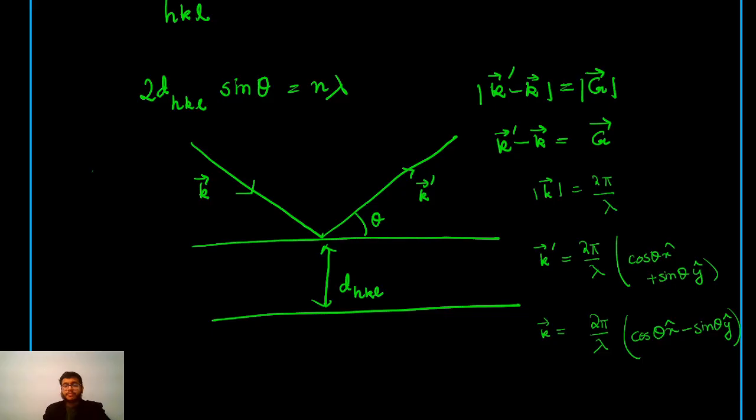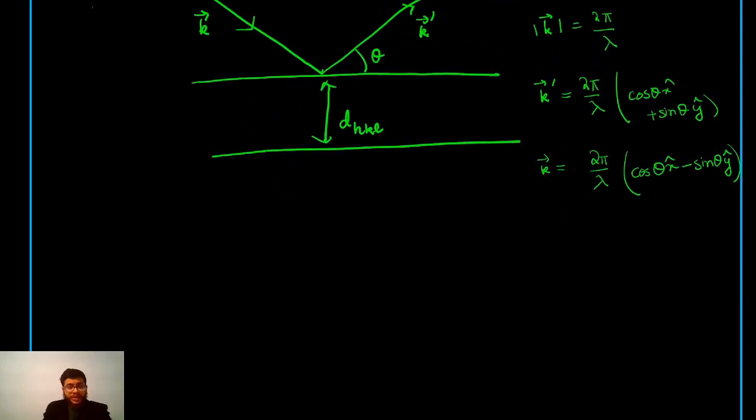So if you do k prime minus k, even if you take the mod, it will be 2 pi by lambda into 2 sine theta. So the y cap is gone, and that is equal to g.